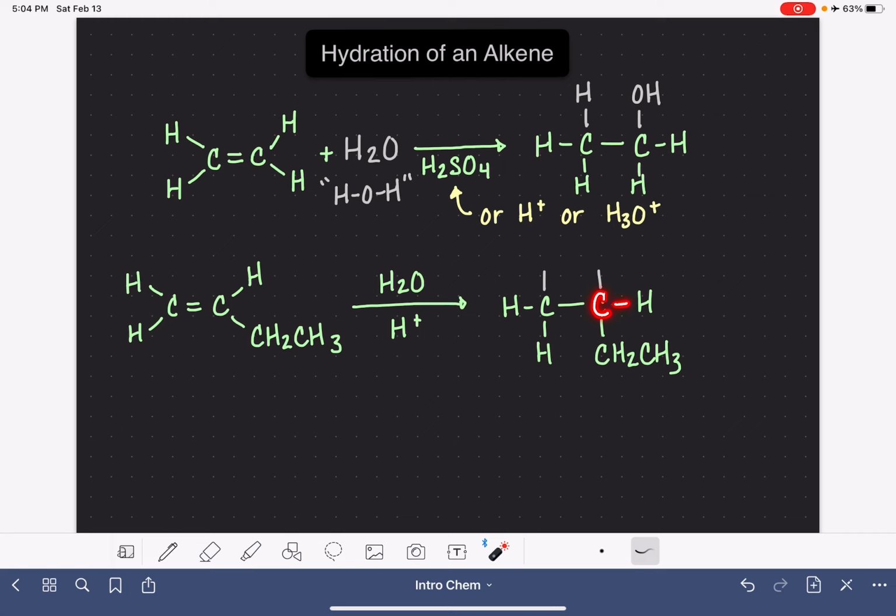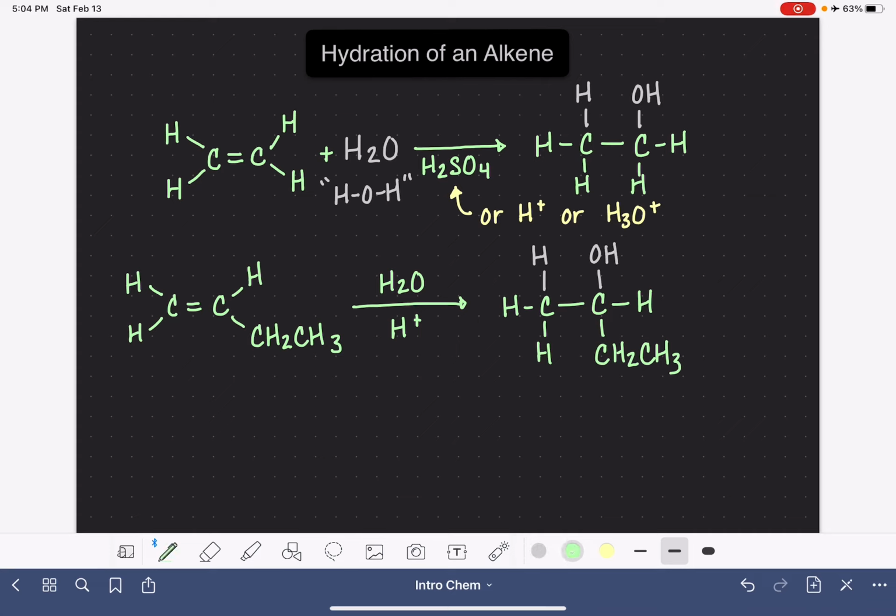This carbon atom has 1 bond to a hydrogen. And remember, we don't count these over here. We're just looking at the hydrogen atoms that are directly bonded to the carbon atoms of the alkene. The carbon atom on the left has the most bonds to hydrogen, and that means that it's going to get the hydrogen of the H2O, and the other carbon will get the OH.